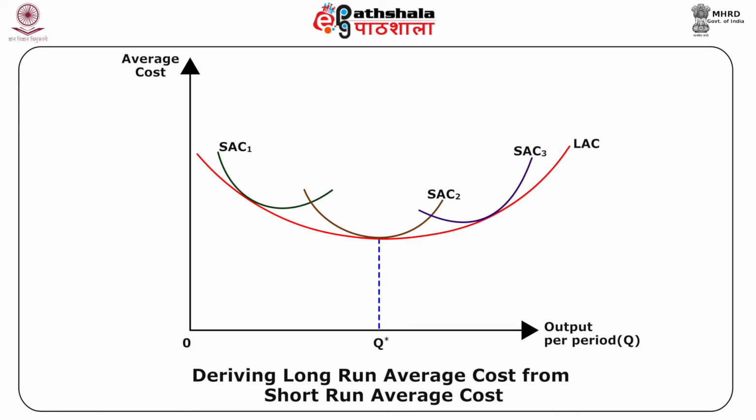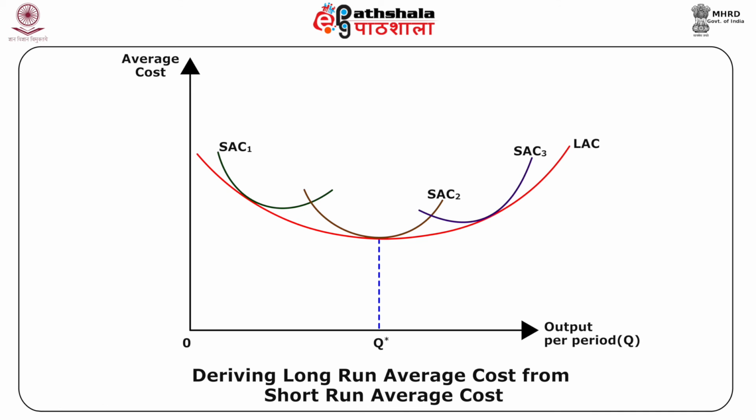If the firm plans to increase the output in the long run, the question arises, what would be the ideal plant size for a higher level of output? Till Q11, SAC1 is the least cost plant size and hence the most profitable one. But as output goes beyond Q11, SAC1 gives higher unit cost of production than a bigger plant size SAC2.